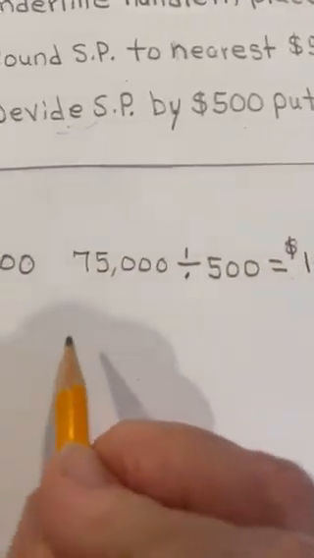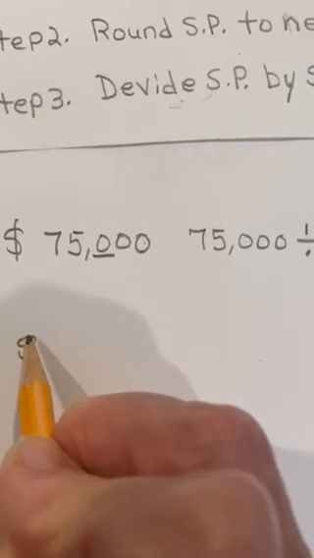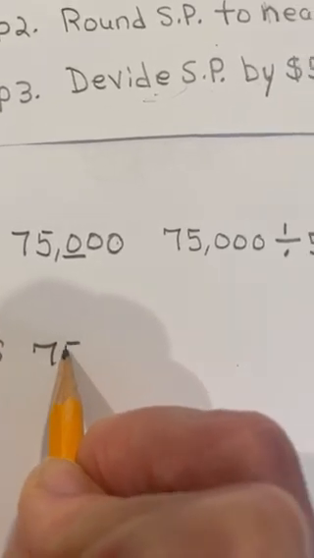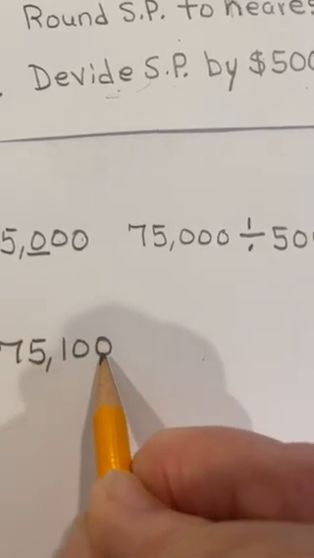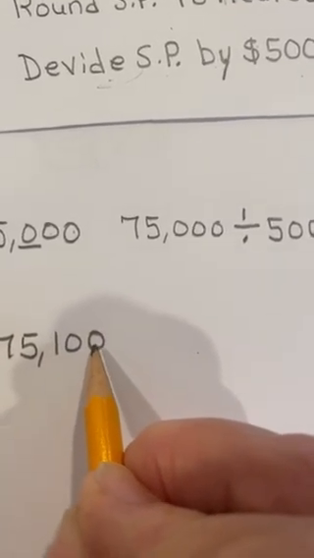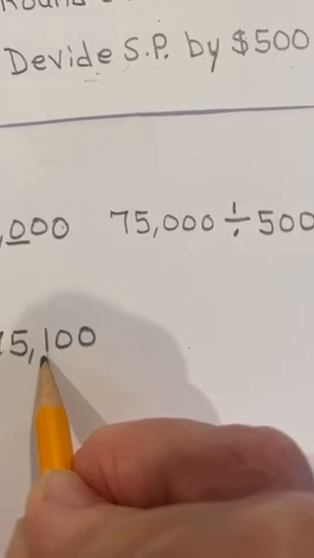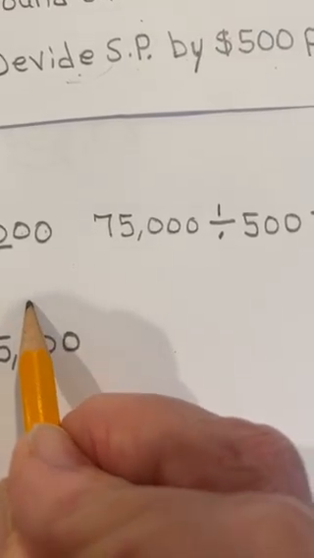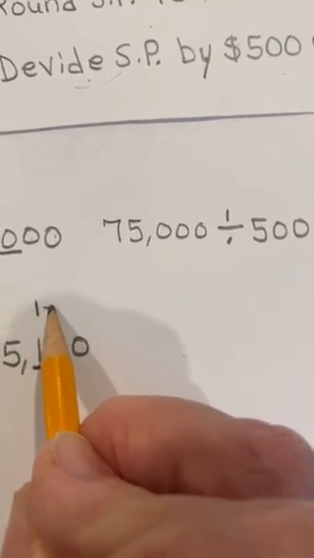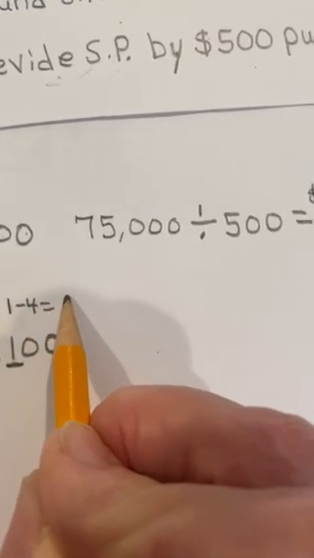Now let's do another number. Suppose it was 75,100. The first step we said to go to the 100th place. Units, tens, hundreds. Okay, you underline that. And if the rule is if it's 1 through 4, you go up to 500.